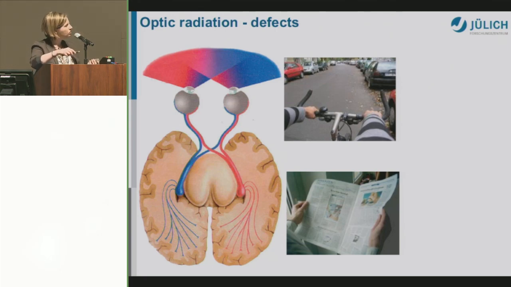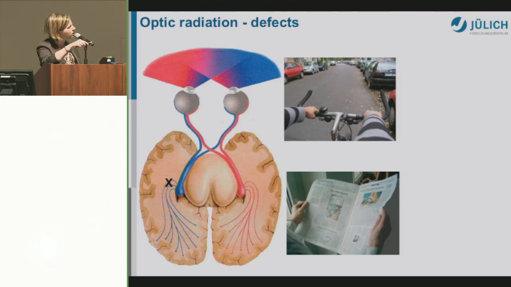For example, if you have, unfortunately, a tumor within the temporal lobe, and this is what I mentioned before, again, the Meyer's loop, which part of the visual system will be destroyed? The problem is, the Meyer's loop does contain the information from the outer visual quadrant of the visual field.